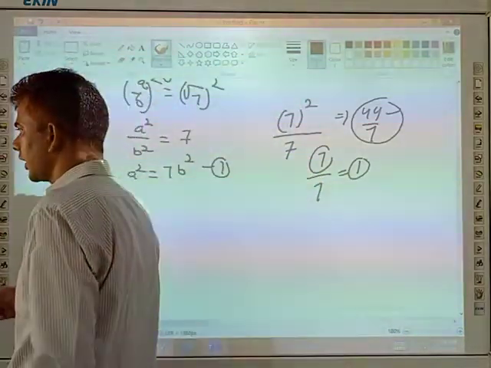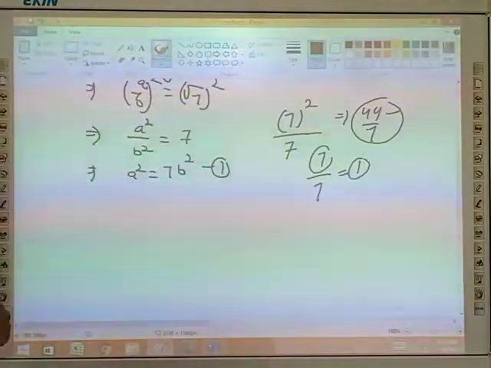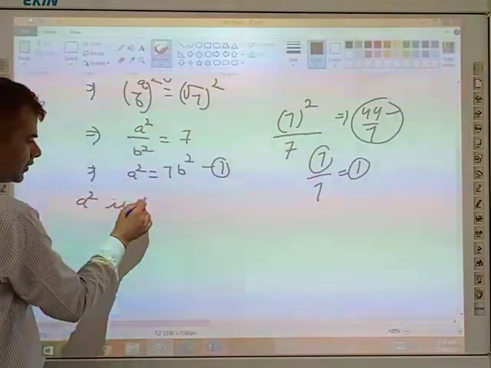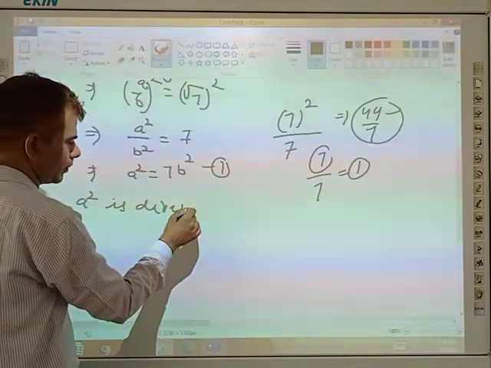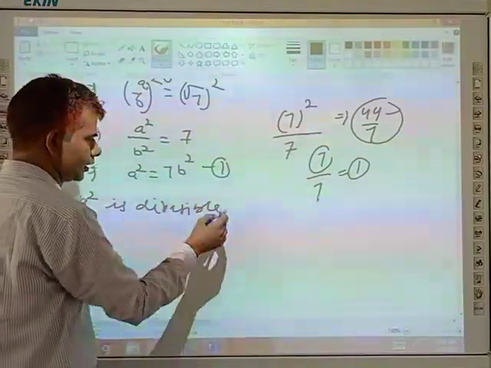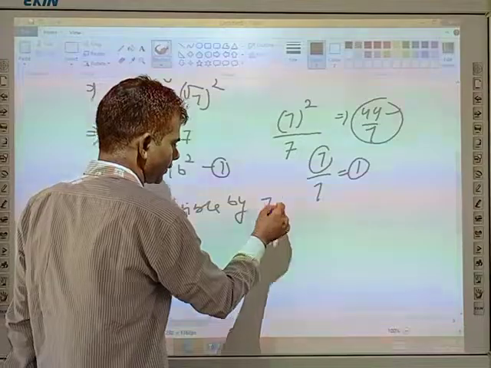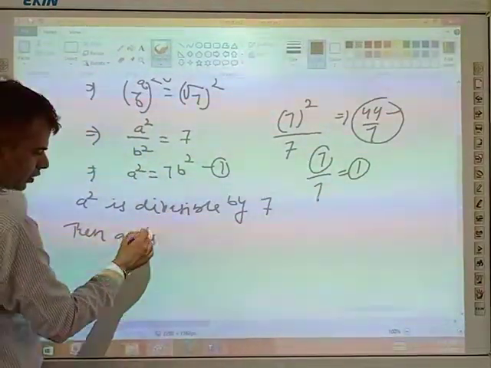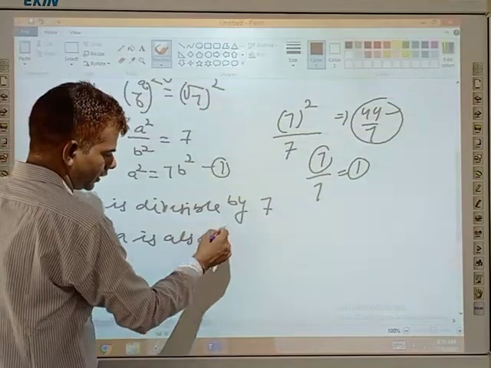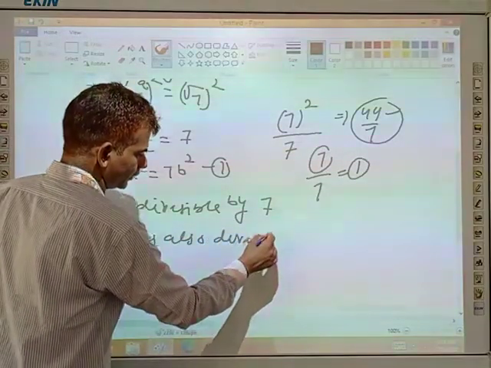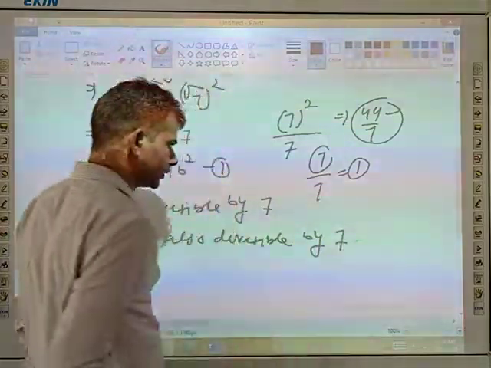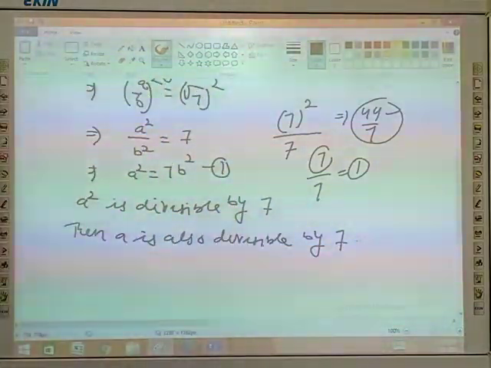If a square is divisible by 7, then a is also divisible by 7.